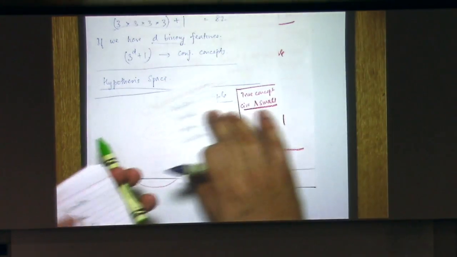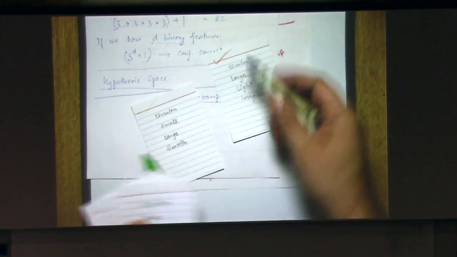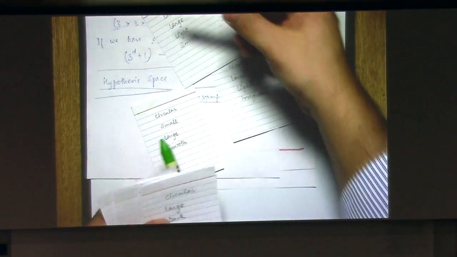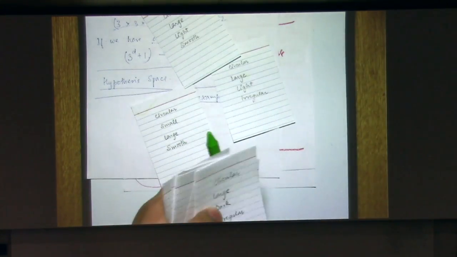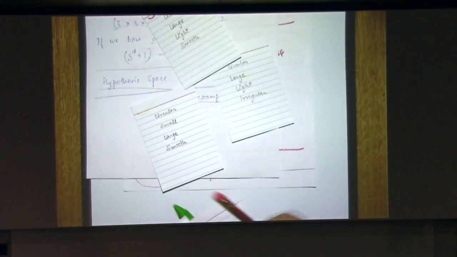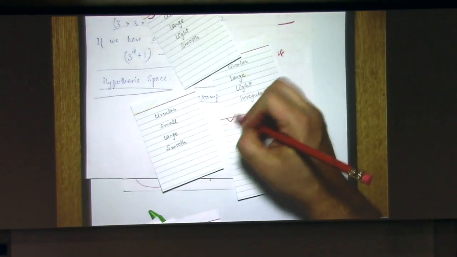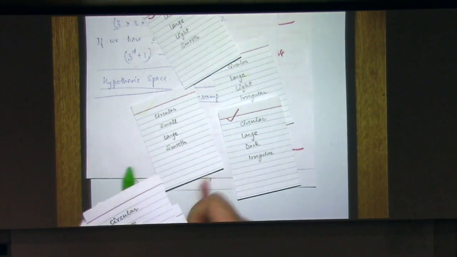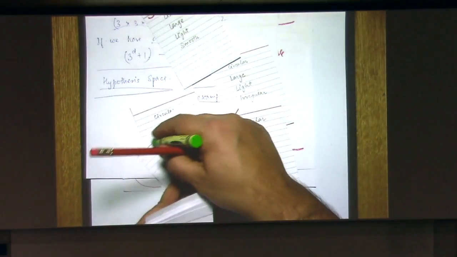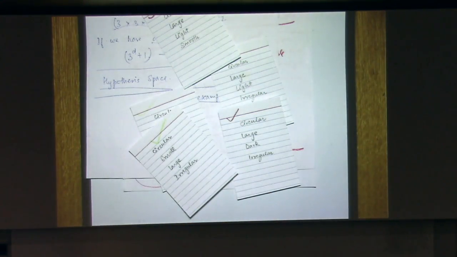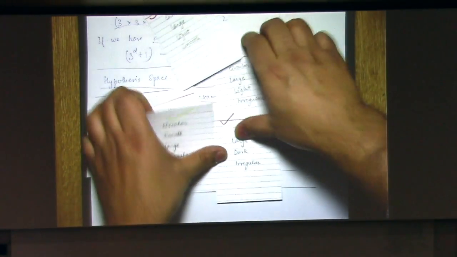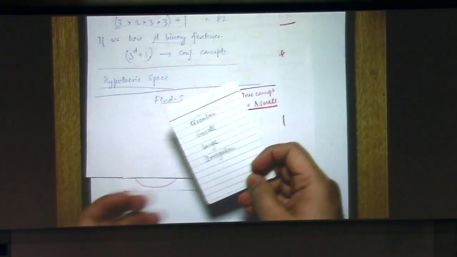This will be green, circular and small. Circular and large will be red. Circular and large will be red again. And this will be green, right? And then others will be colored as well. But let's say this is our training data. Okay?